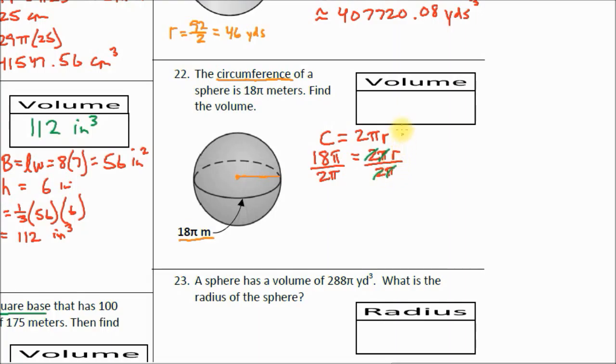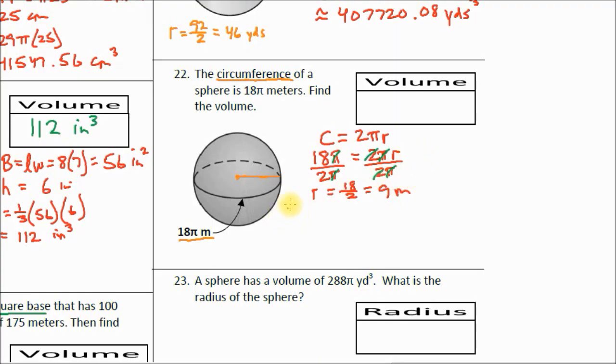Pi over pi is 1, that cancels. Oh, they got a pi over here as well. Pi over pi cancels. And we just have the radius is equal to 18 over 2, which is just 9. So the radius is just 9 meters.